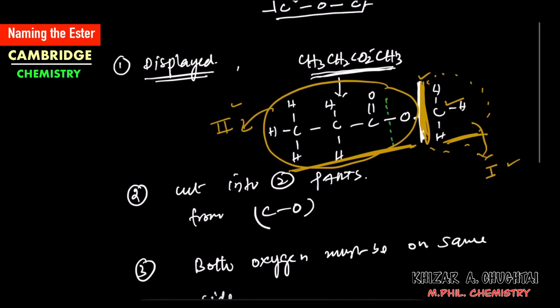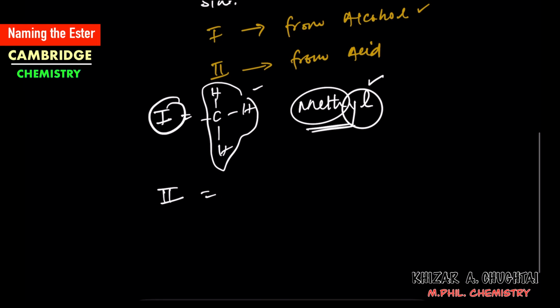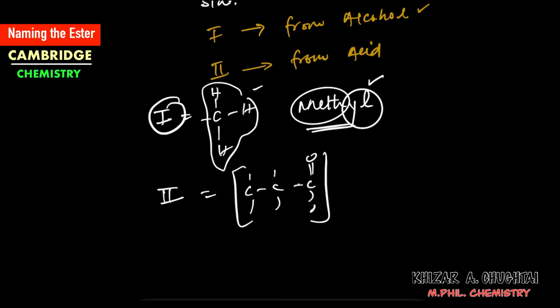How many carbons are there? Once again, 1, 2, 3. So count the carbon atoms. 3 carbons are there. If the carbon count is 3 in your structure, then its name will start from prop. All carbons are single bonds, so we will write an.